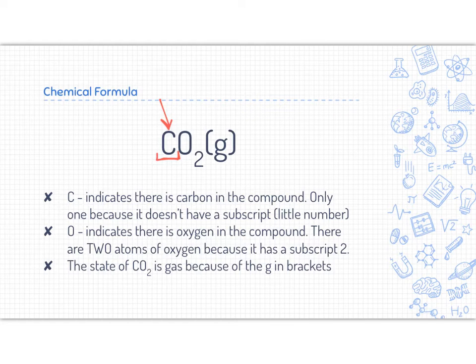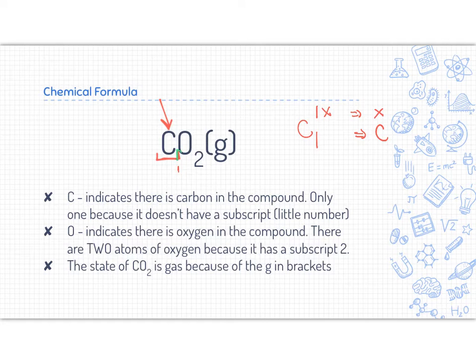There's only one carbon because it doesn't have a little subscript or little number below it here. If there's only one of something, it's like in math, we don't write 1x, we just write x. So we don't say we have C1, we just say we have C.